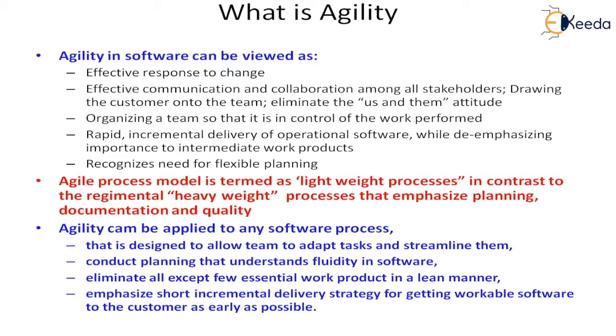Emphasize short incremental delivery strategy for getting workable software to the customer as early as possible. So we spoke about it. If this software process allows short incremental delivery, and if it is short, automatically it will be very rapid, very frequently we will give it as early as possible, that is the rapidity, then that kind of software process can be termed as applying the agility principle.